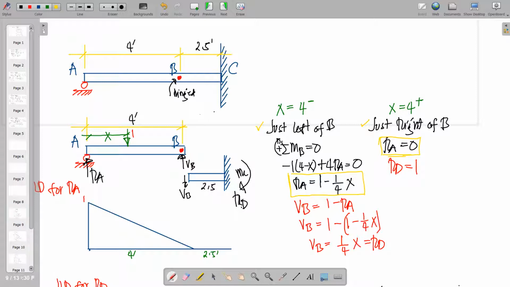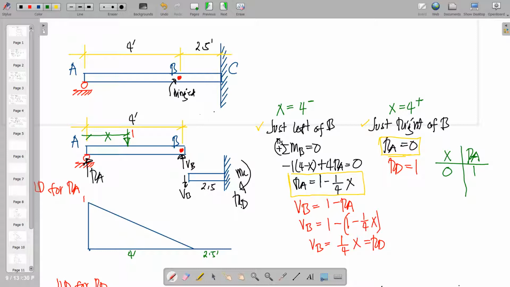If we are going to tabulate this, say we have x with its corresponding RA. When x is equal to 0, this term will cancel, and RA will be equal to 1.